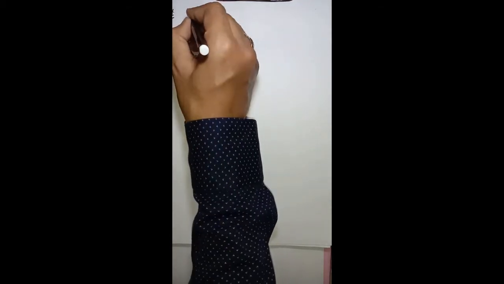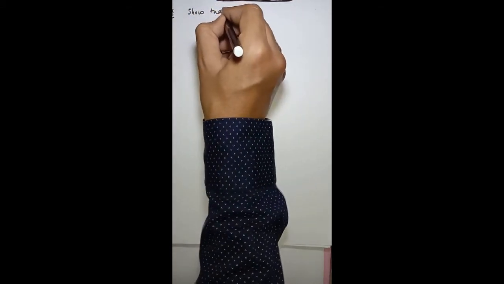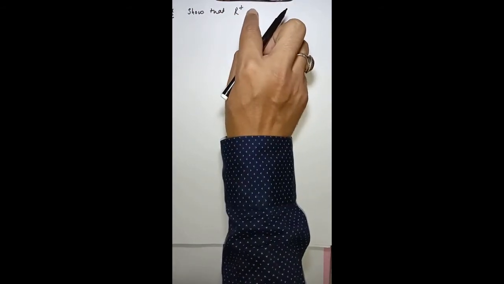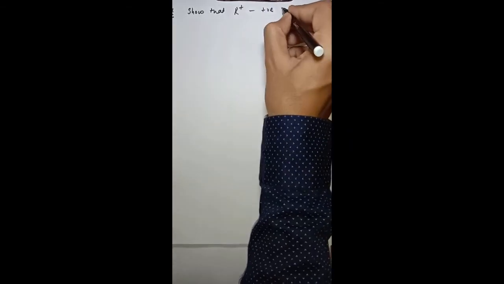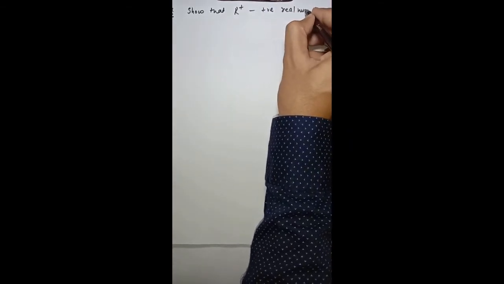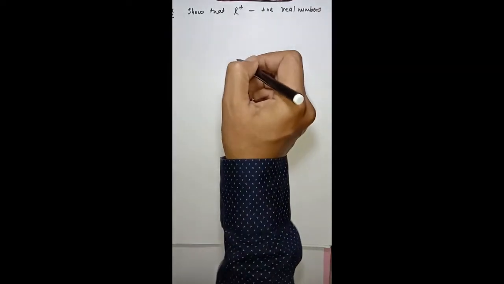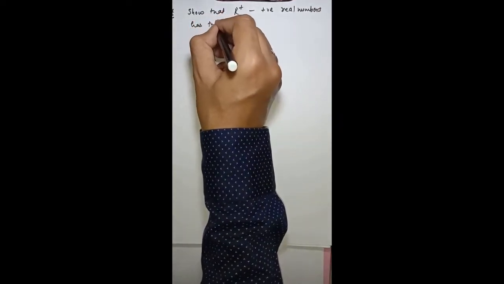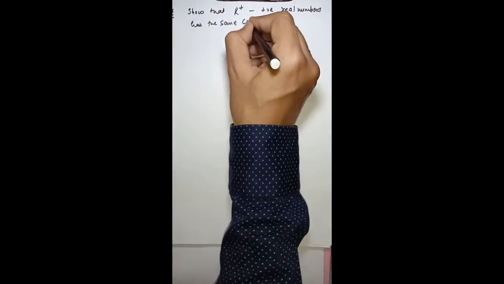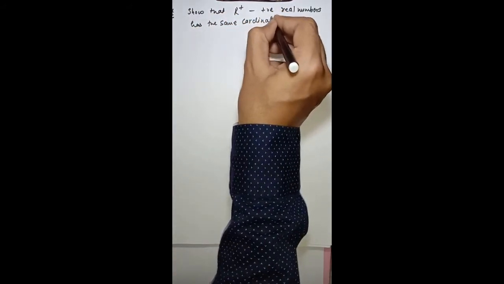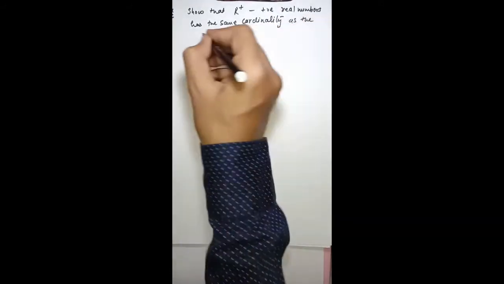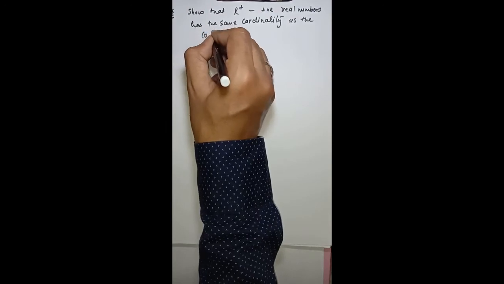Now another example. Show that the set R+, the set of positive real numbers, has the same cardinality as the open interval (0, 1).